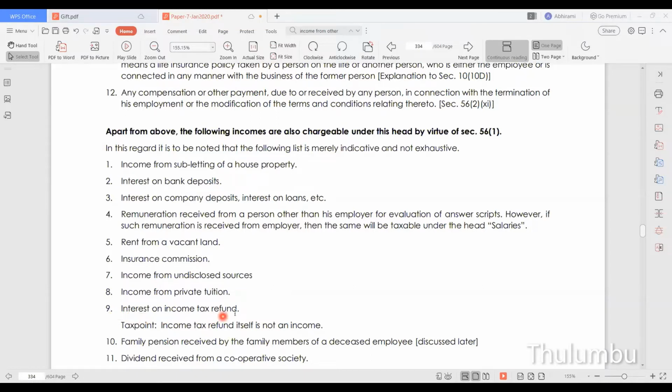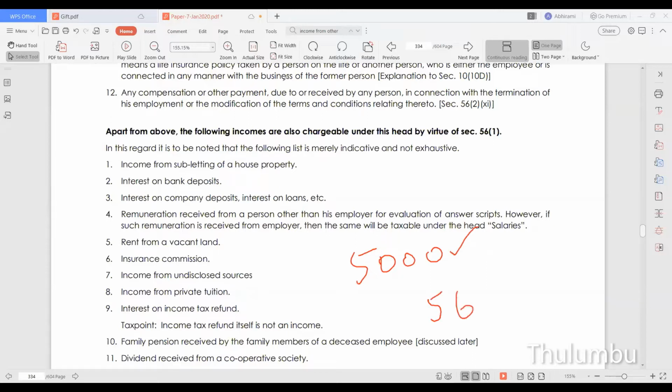Interest on income tax refund. So say for an example, உங்களுக்கு say for assessment year 18-19 you have a refund of say 5,000. ஆனா அது எப்ப கொடுக்குறாங்க? நேத்து தான் கொடுத்திருக்காங்க. So what will happen is along with the amount they will pay interest.